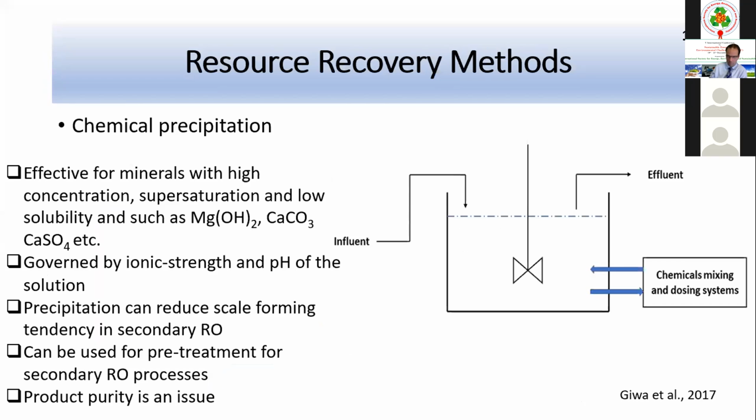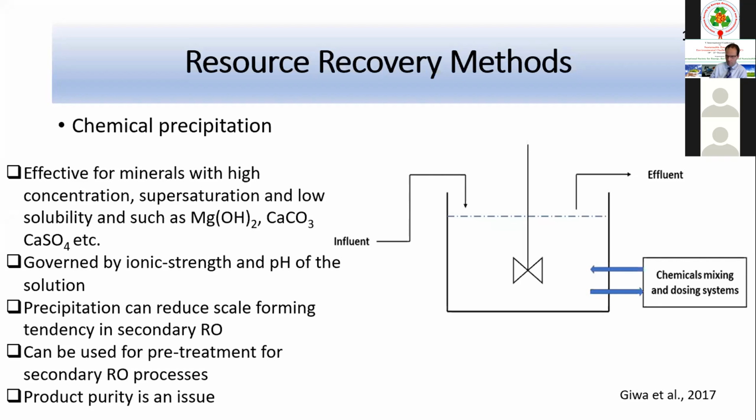Then one of the most used methods in the pre-treatment step is chemical precipitation. It is effective for divalent and highly concentrated supersaturated mineral ions, particularly calcium and magnesium, because it is governed by the ionic strength and pH of the solution, and some of these divalent cations precipitate at high pH values.